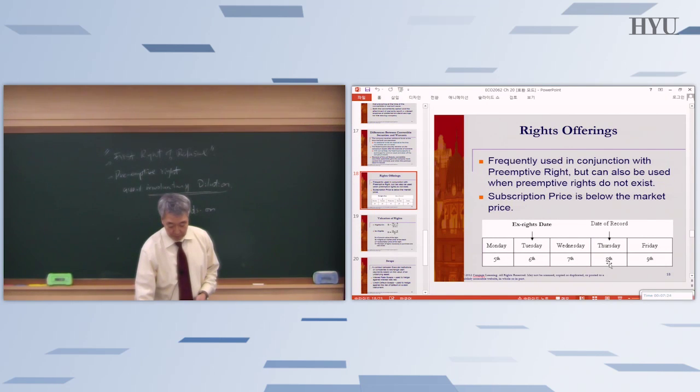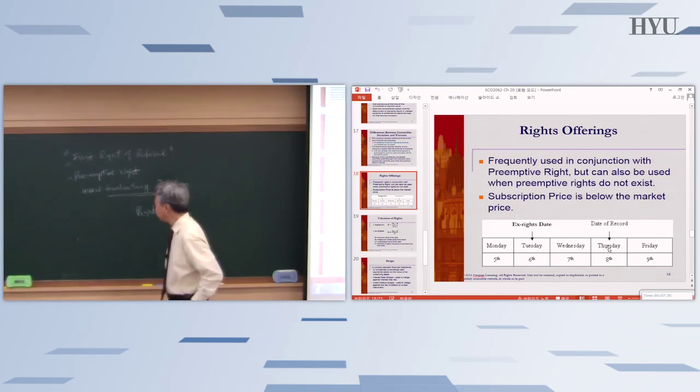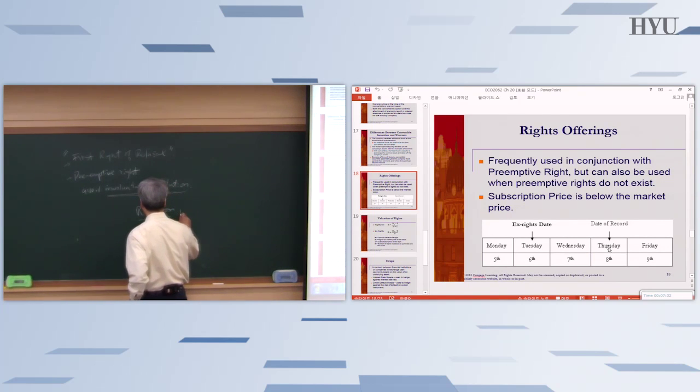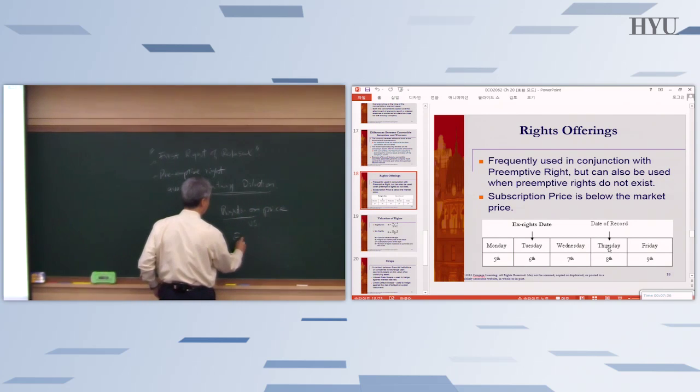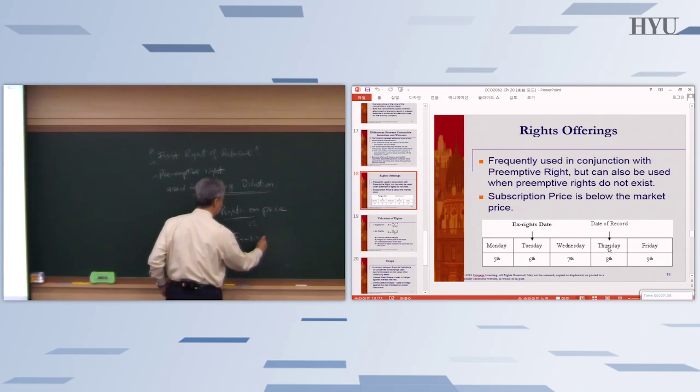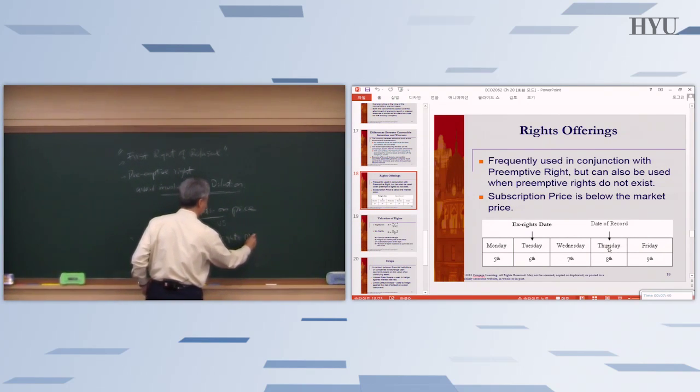So that's what ex-rights and date of record are talking about. So, rights-on price versus ex-rights price.